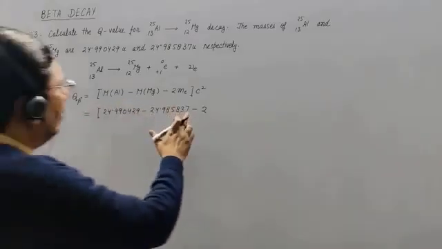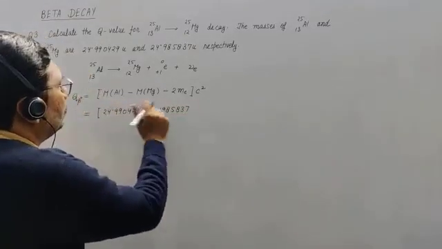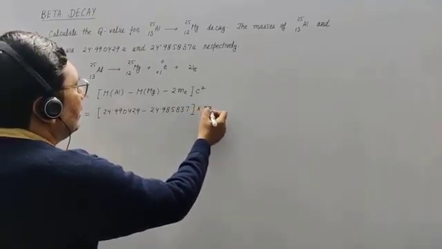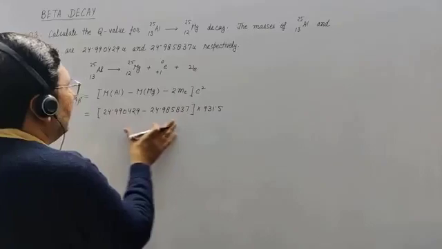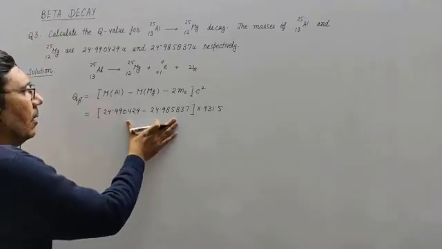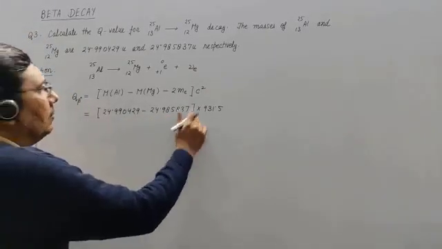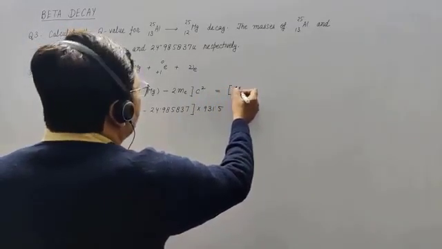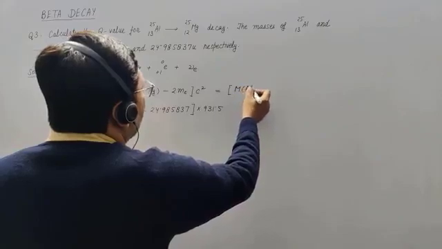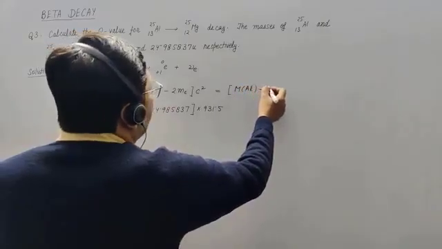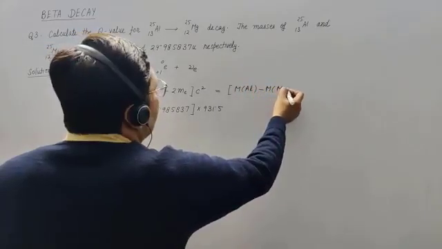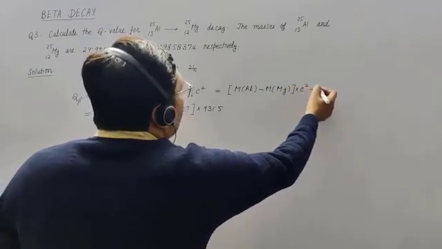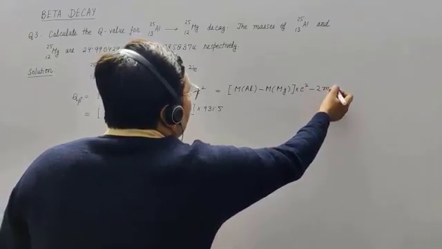We can separate it out. So first we are taking these two terms. These are in AMU. If you multiply this by 931.5, then this will provide us the answer in MeV. So what we have done here is split this into two brackets: (MAl minus mass of Mg) times c square, minus 2 times Me c square.